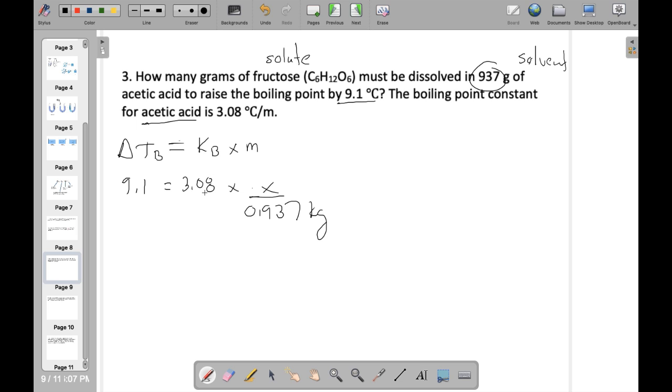I can rearrange this: 3.08 divided by 0.937 gives 3.28x, so 9.1 equals 3.28x. I'm going to divide both sides by 3.28. So, x will equal 2.77.